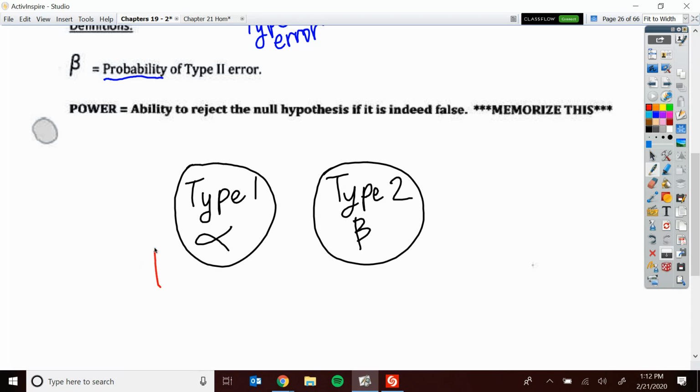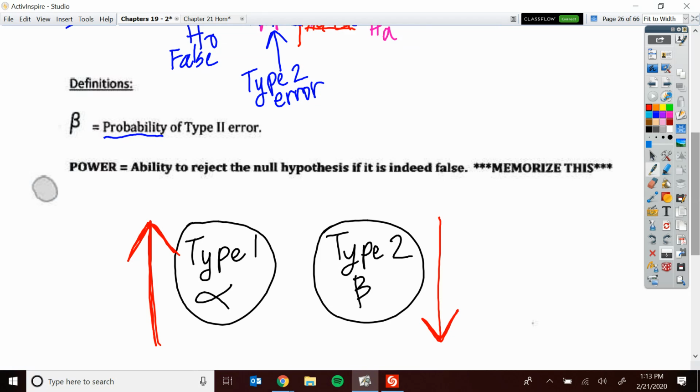As type 1 error increased, type 2 error decreased. If I reverse the arrows, it would be the flip. They're inversely related. This seems simplistic right now, but we're going to add to this picture as more players come into play.